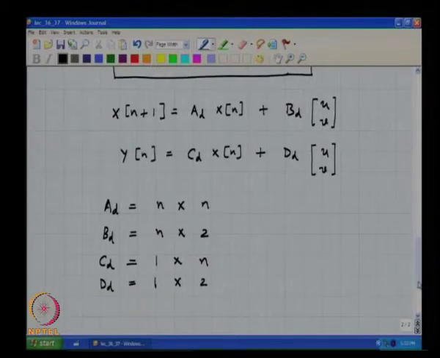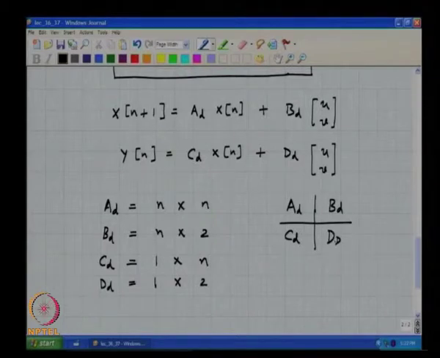And so, if you concatenate these matrices together, it will form, how many columns are there?